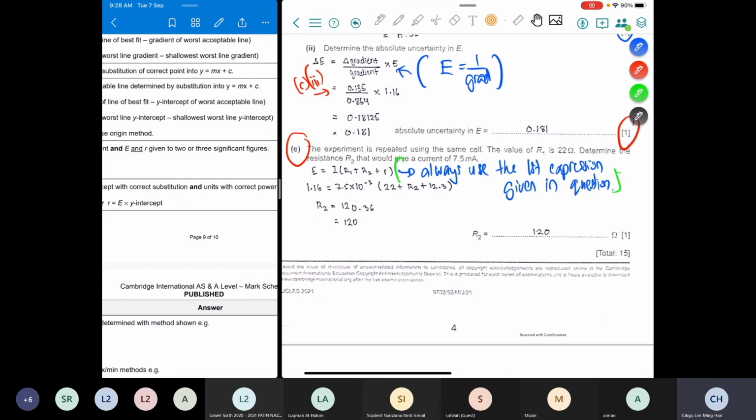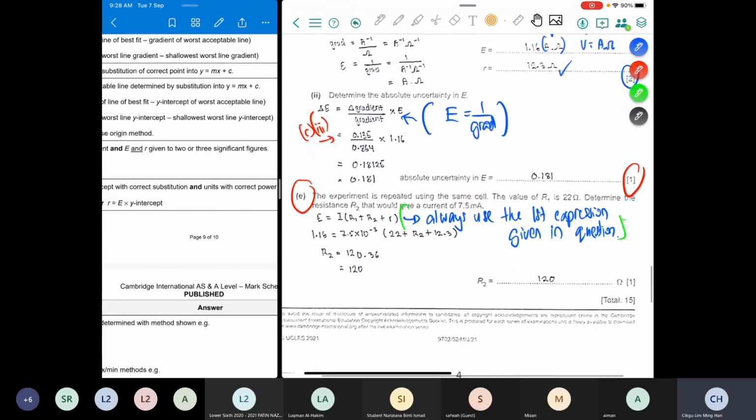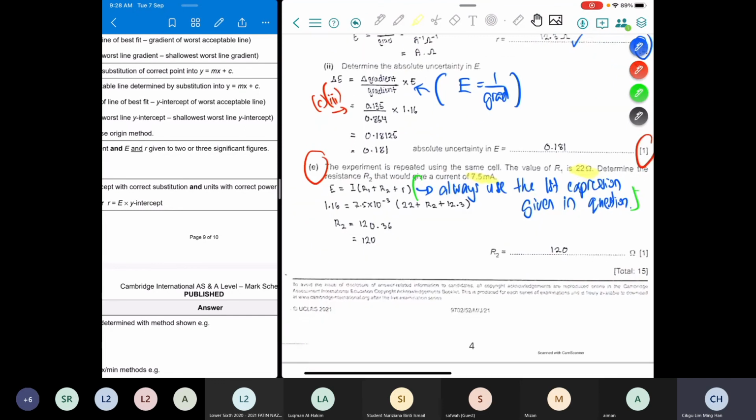It always uses back the first equation that they give you. So you just input the E you have from part D just now, and then the I, where do you get it from? I tu kena bagi sini. This is your I, and then this is your R1. R1 here is given. This is given, this is given, this is calculated, and finally you do some algebra, you will get this one in ohm.